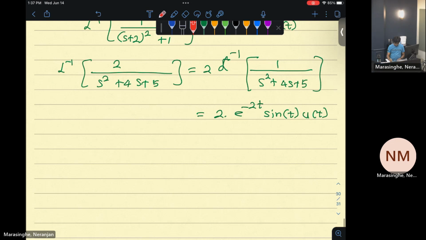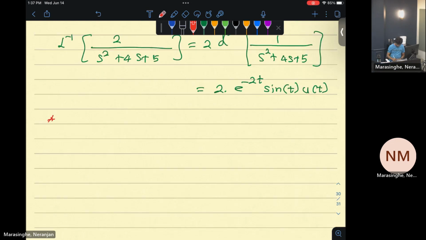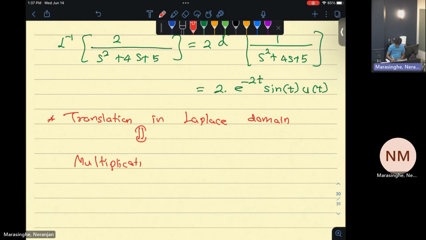Again, remember the idea. Translation in the Laplace domain results in multiplication by an exponential in the time domain.